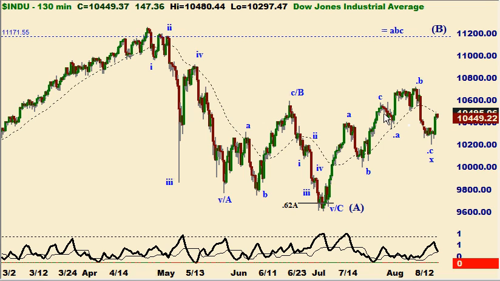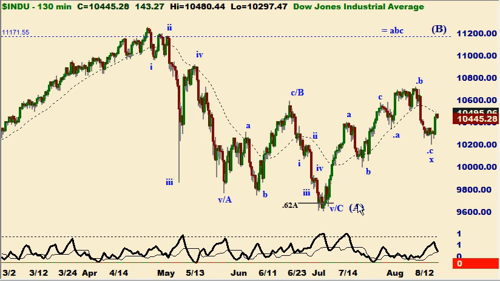Then from there you have what seems, obviously to my way of thinking, a corrective rally. If you throw in that expanded flat, we've got ABC up, ABC down of X, and a second ABC of similar magnitude would take us right up to the old highs around 11,200 basis the Dow, perhaps a little higher.